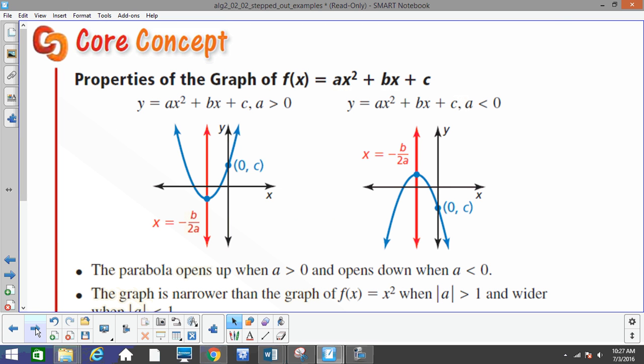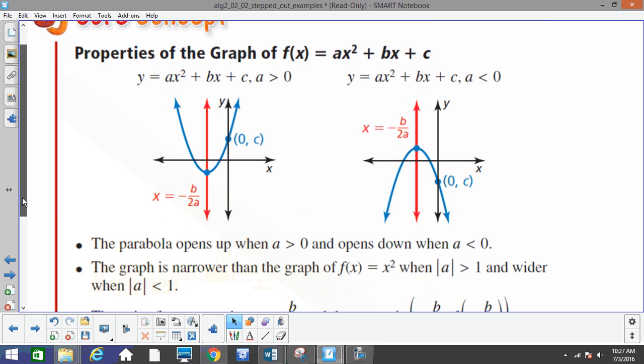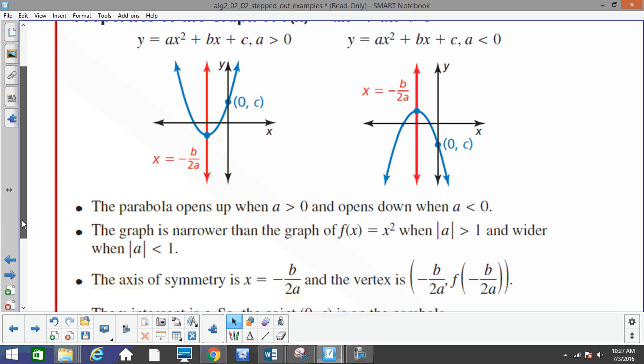If I were taking notes, you might want to take a second and stop. This is written in standard form. And if it is written in standard form, you can easily find your axis of symmetry. It's -b over 2a. We talked about this in Algebra 1, so hopefully this is review.